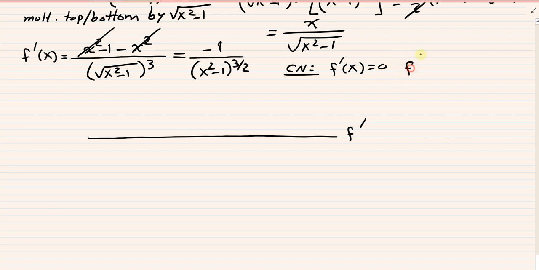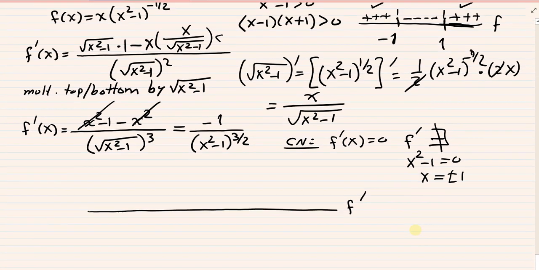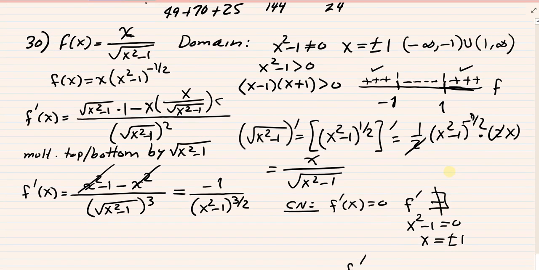What about f prime not existing? That's the place where the denominator is 0. That means x squared minus 1 must be 0, or x is plus or minus 1, right? Now, interesting, because remember the domain of this function, we said x cannot equal plus or minus 1. That's when you get division by 0 in the function.